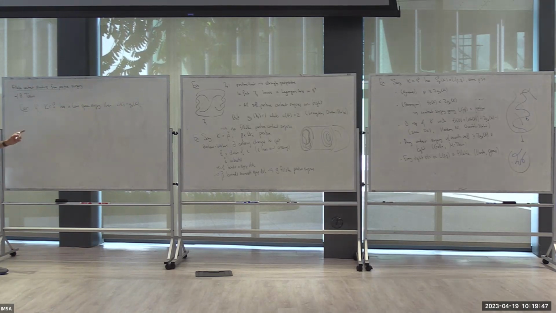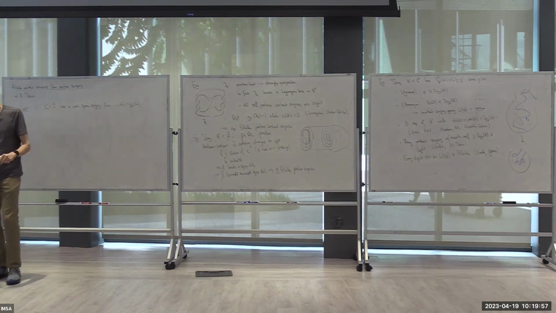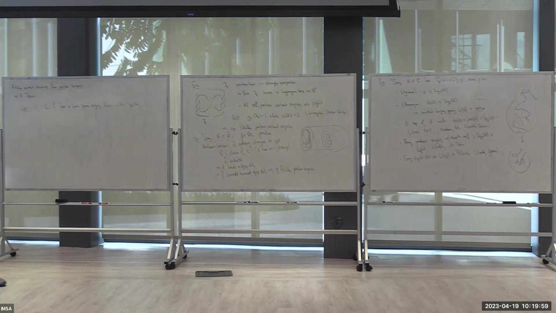I don't know another proof of that fact, so this doesn't say anything about contact topology, but that's what you can prove. So I noticed that it's a curious thing to see there. Okay.